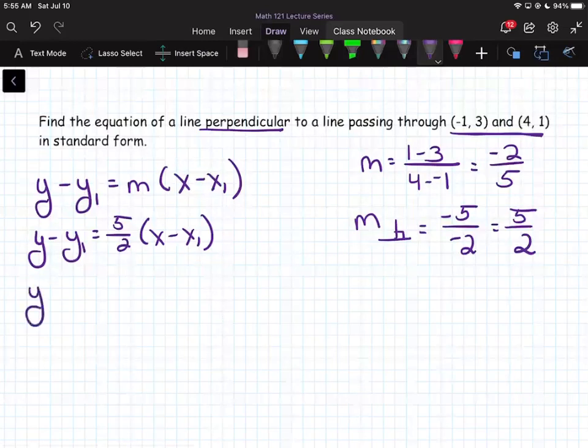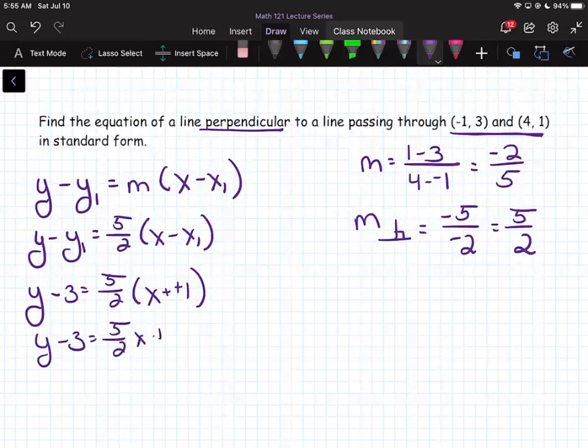So I have y minus 3 equals 5/2 times x minus negative 1. As I simplify, I have y minus 3 equals 5/2 x plus 5/2. But it's asked to be in standard form, so I need to get x and y together. I'm going to subtract my 5/2 x.